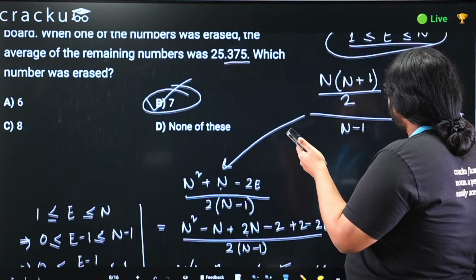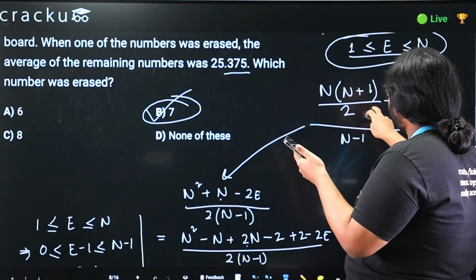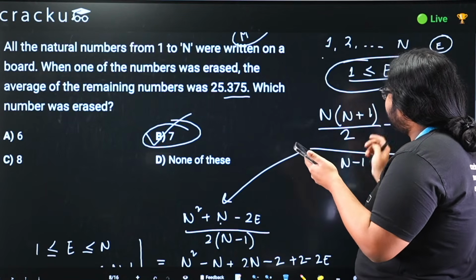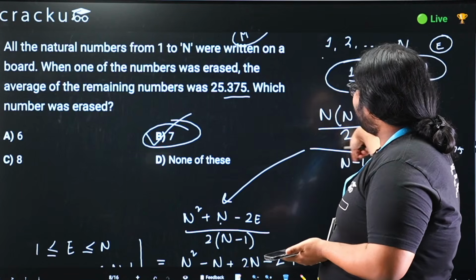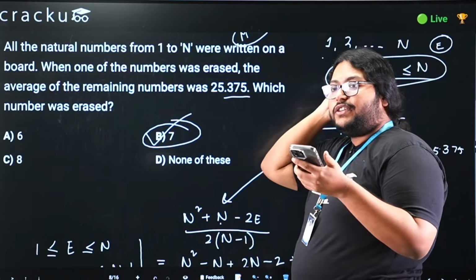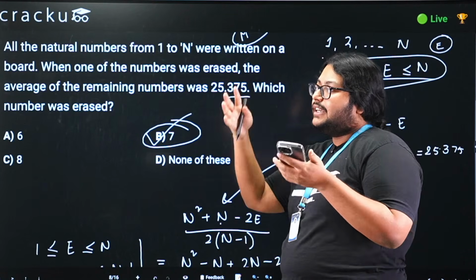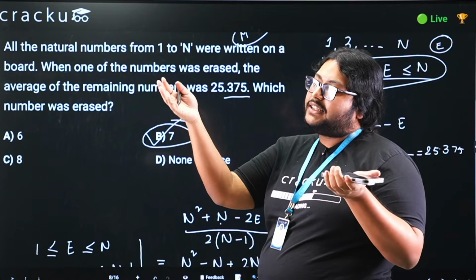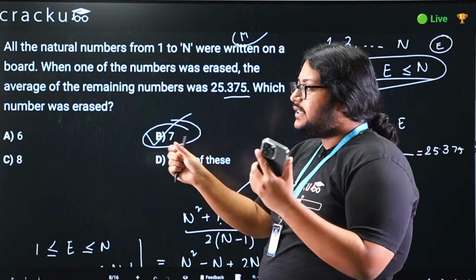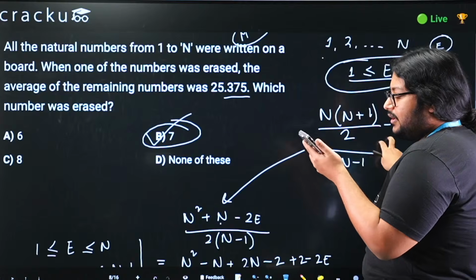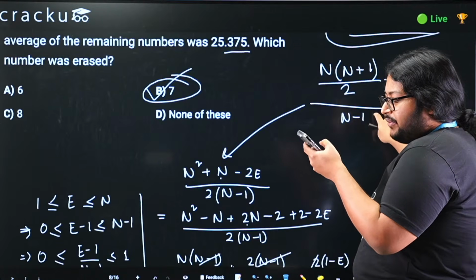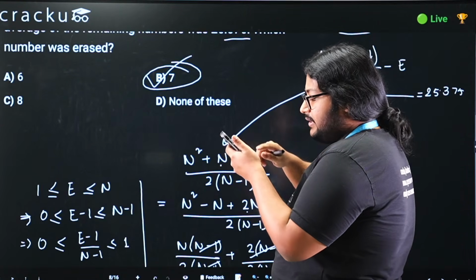If you're talking about this n by 2, n plus 1 by 2, so this is always going to be even. Because this is the formula, right? Sum of all the natural numbers up to n is n into n plus 1 by 2. So one of these numbers has to be even anyways. So this always gives an integer. If you guys have any other doubts, please let me know.